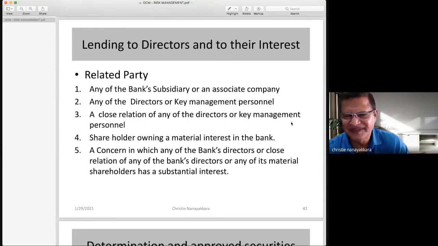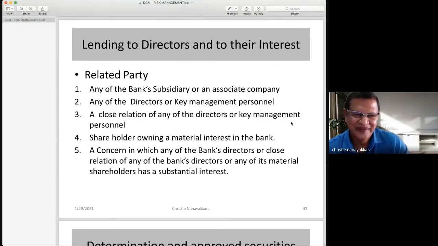D, we'll say 50%. 50% is also substantial, more than 10%. So D also becomes a related party. If they have another company E, which we'll say has a 5% interest, then E is not a related party.